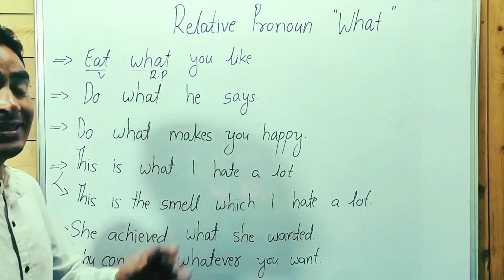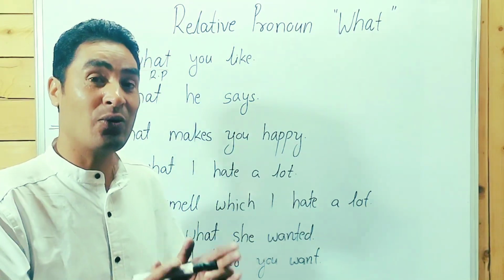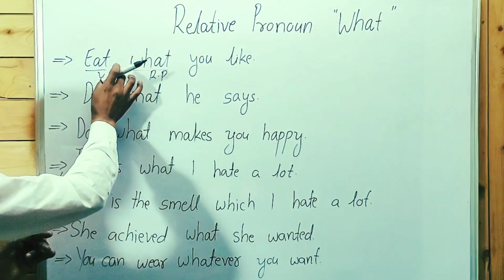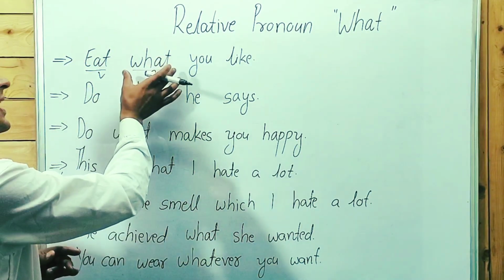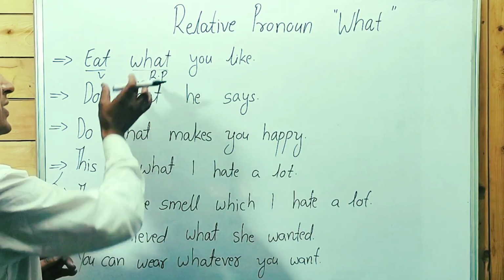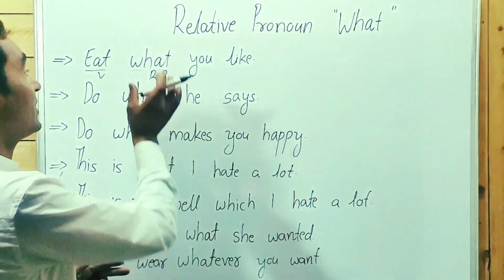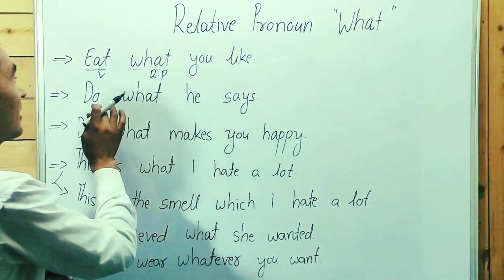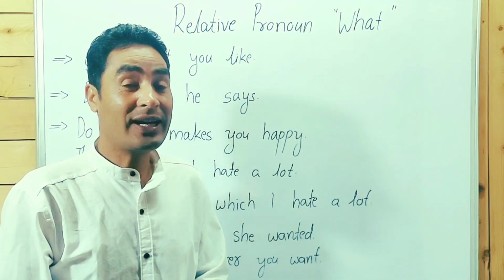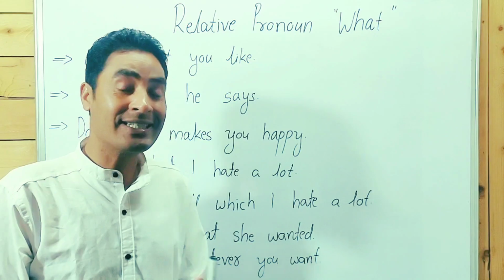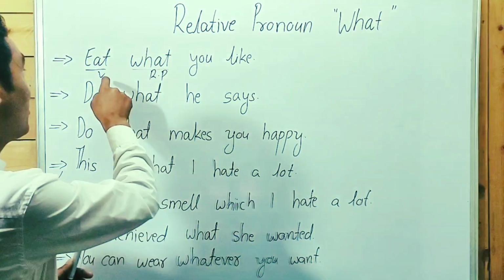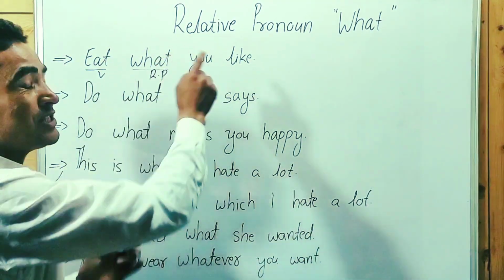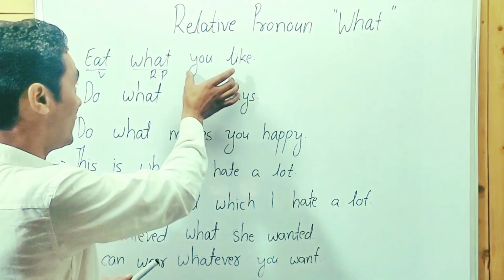As you know, an antecedent is a noun or a pronoun which is modified by a relative pronoun. Eat what you like. The noun has not been mentioned over here. If you say eat food which you like, in this case we have to use which.